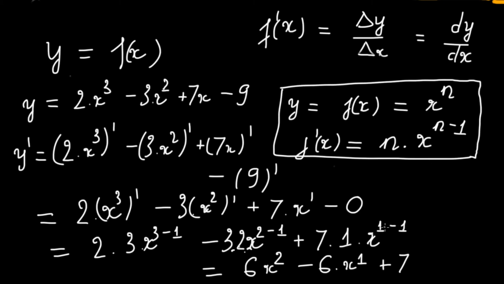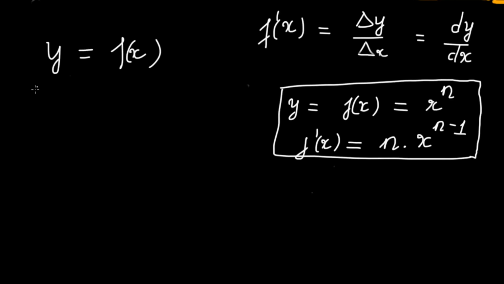X to the 0 equals 1, so this is 7. You put it here. So the final answer is 6x squared minus 6x plus 7. And this is the final answer for this question.